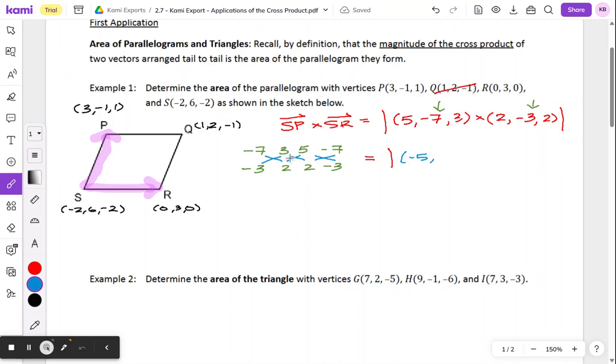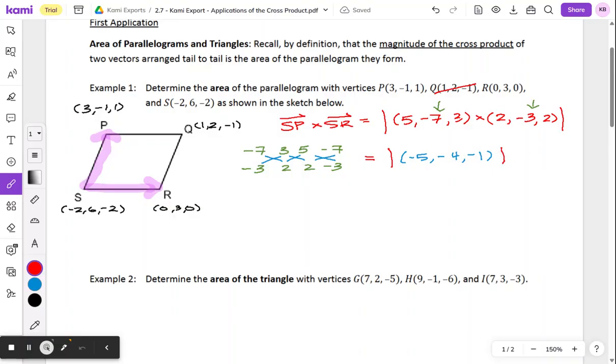Then we have 6 minus 10, so that will be -4. And finally, we will have -15 plus, because it's minus a minus, so negative 15 plus 14. So that will give me -1. So in blue, this is my cross product.